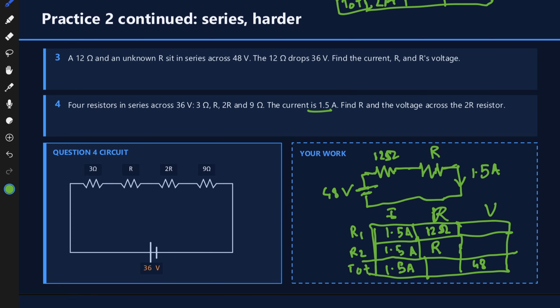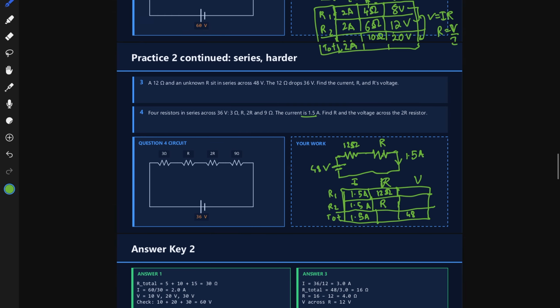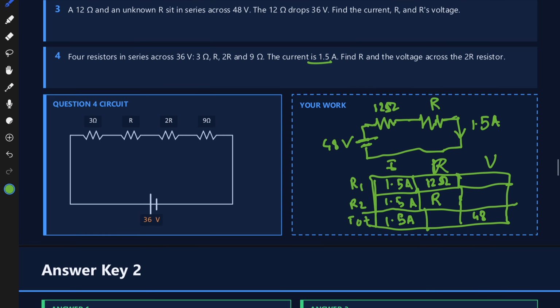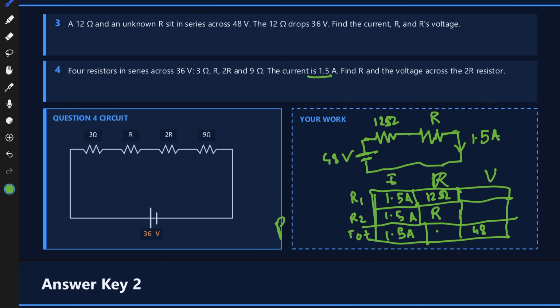So from that, what do we know about this R here? V is equal to I times R, right? So R is equal to V over I. So the total resistance here, R total, is going to be V total divided by I. Our V total is 48.